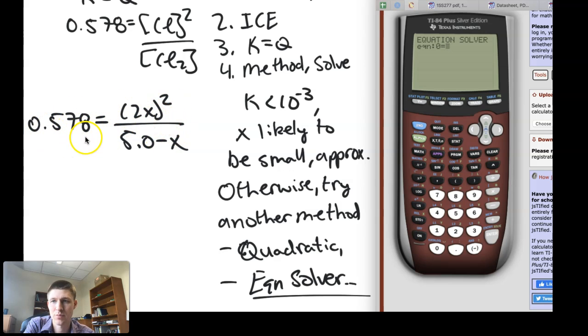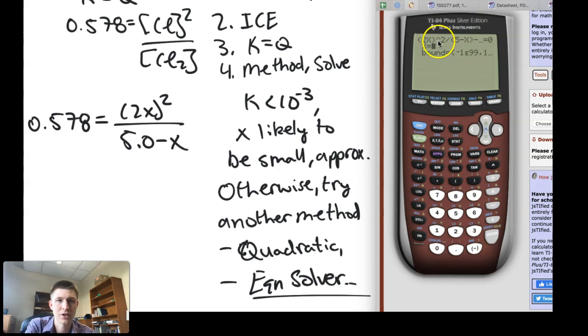So I'm just going to subtract 0.578 from both sides and do 2x squared over, now this thing is all in the denominator, so that needs to be in parentheses, 5.0 minus x. Then I'm subtracting 0.578 from both sides, so minus 0.578. That's my equation.